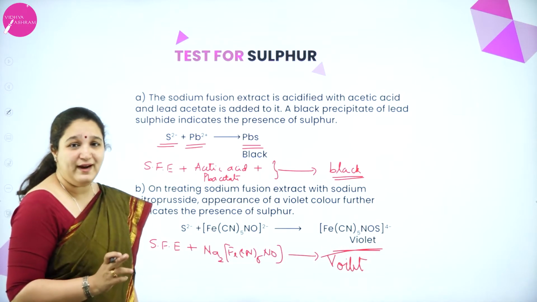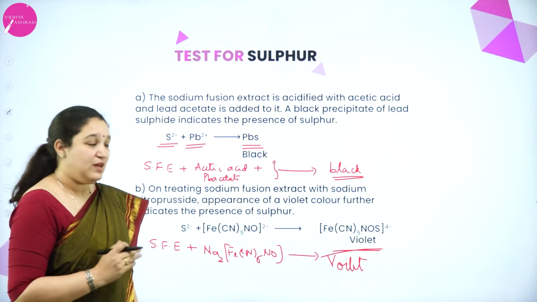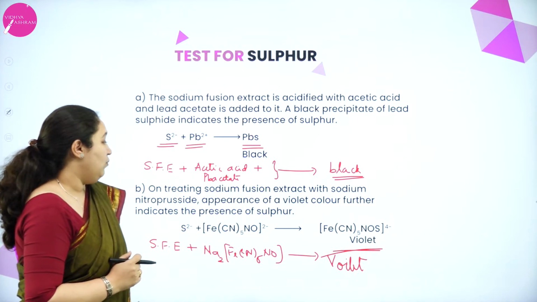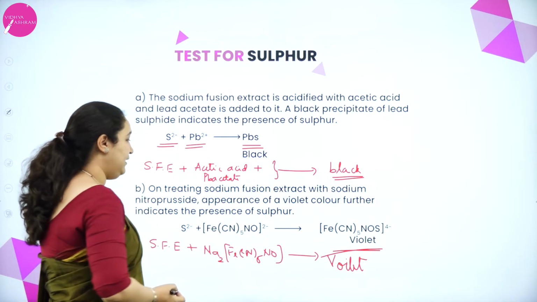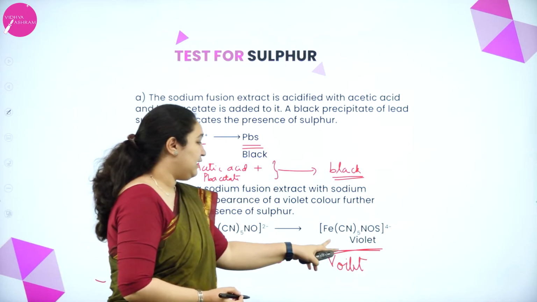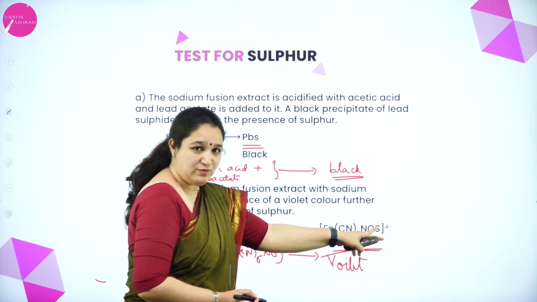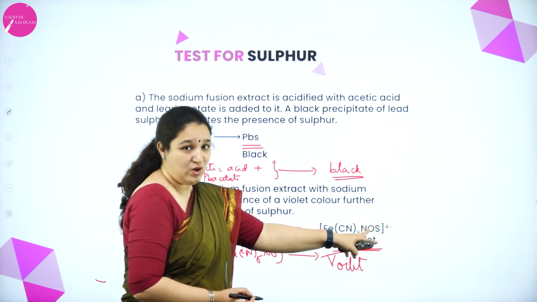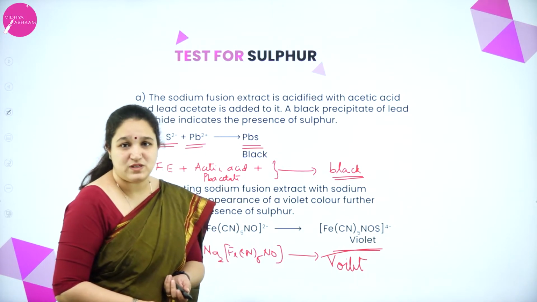If you get violet color, then sulfur is present. What is exactly happening is sodium nitroprusside is getting converted, as the sulfur comes into the complex. That's why you can observe the color change.